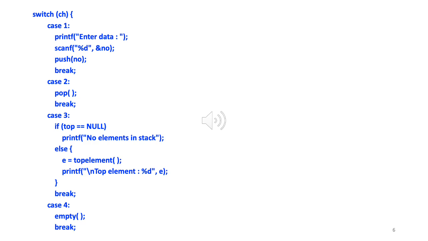What each choice signifies will also be told to them. For example, 1 is for push, 2 is for pop, and so on. Whatever choice they enter will get assigned to the variable ch, which is an int. Then depending on what they enter, the relevant functions will be called.